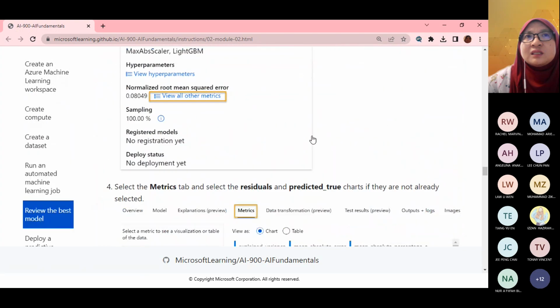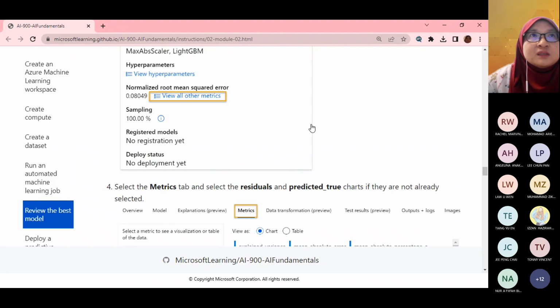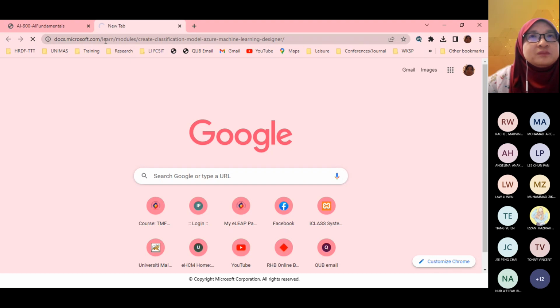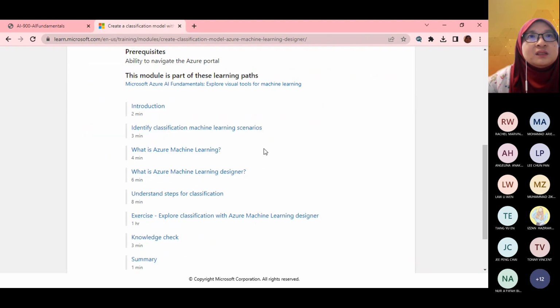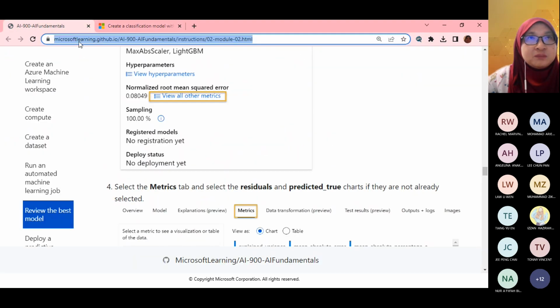Dan satu lagi, actually sebenarnya sama juga kod. When you go here, that's actually step by step. And here, sebenarnya sama. Let me see. Let me look at this. And this one. Ini lebih detail lagi lah. So let me show you. This is the lab.